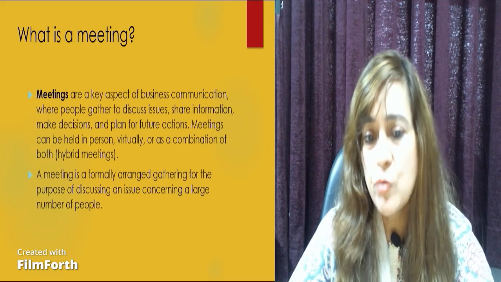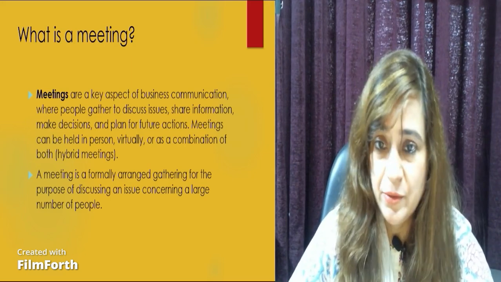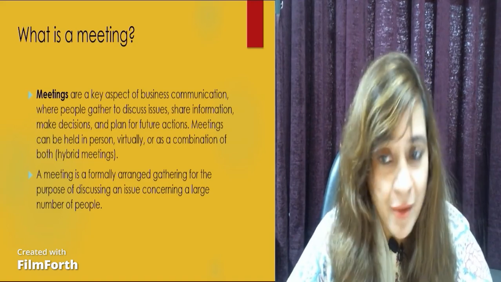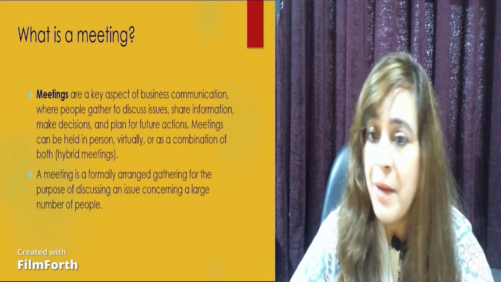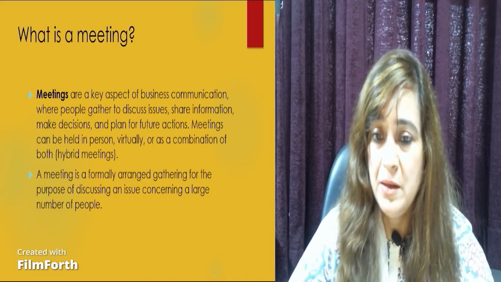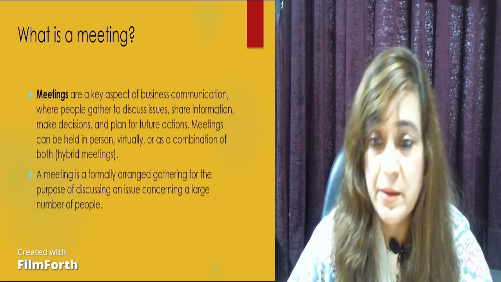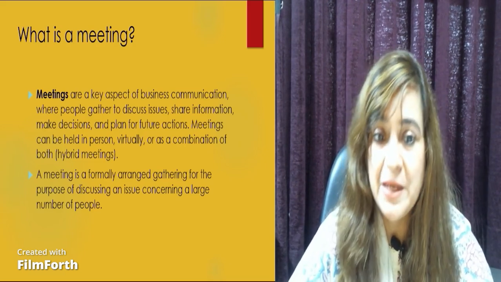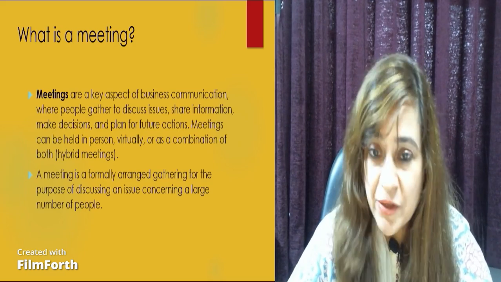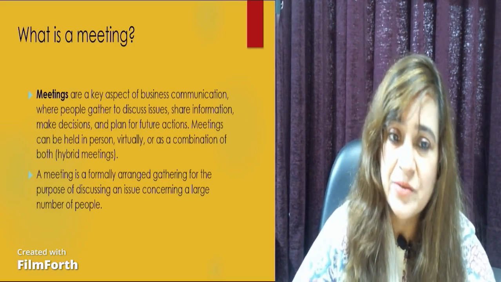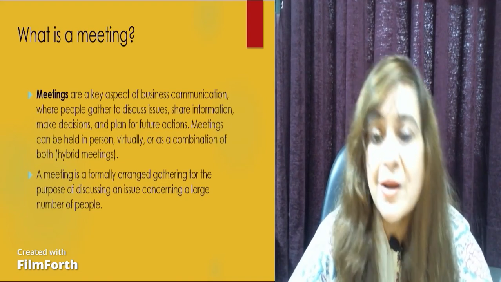And a meeting is always arranged beforehand, there's always a gathering of people. So the gathering of people has to be informed, there has to be a set pattern. It has to be very well documented. There has to be very well planning done, and information has to be disseminated, for the purpose of discussion, for the purpose of anything that might have come up in an organization, because it involves a large number of people.